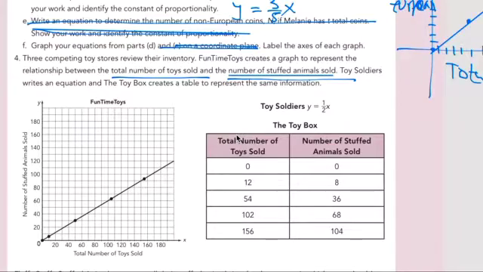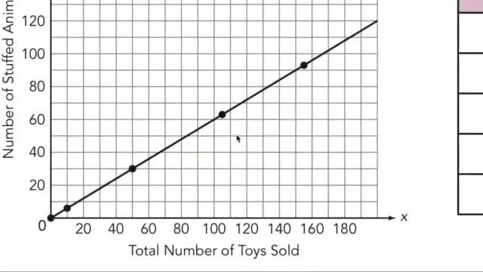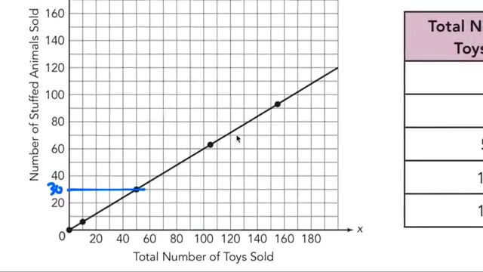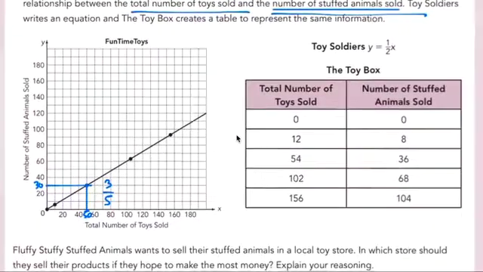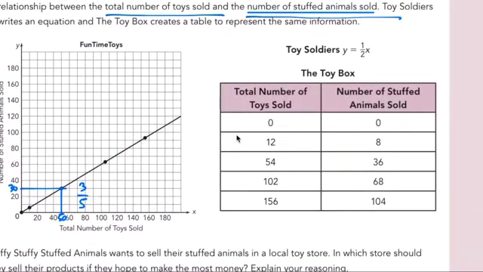So this one is 30 stuffed animals to the number of toys sold, 50. 3 out of 5. 60%. Number of stuffed animals, total sold.